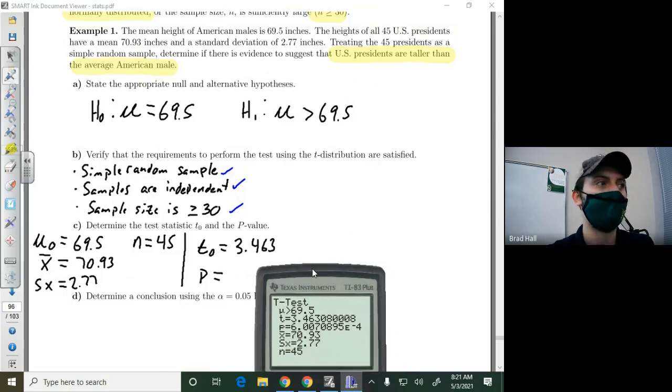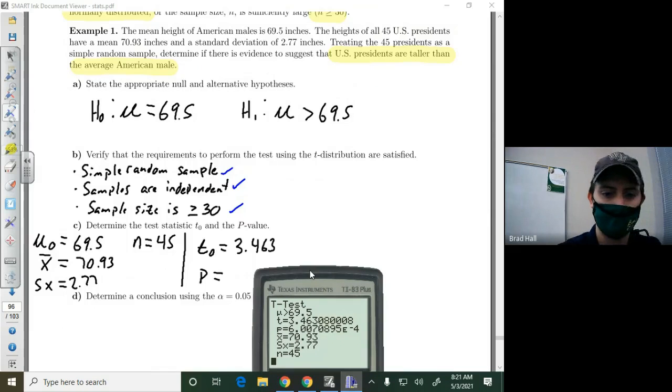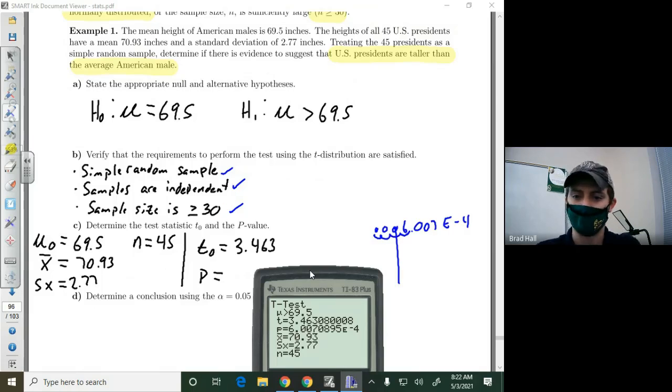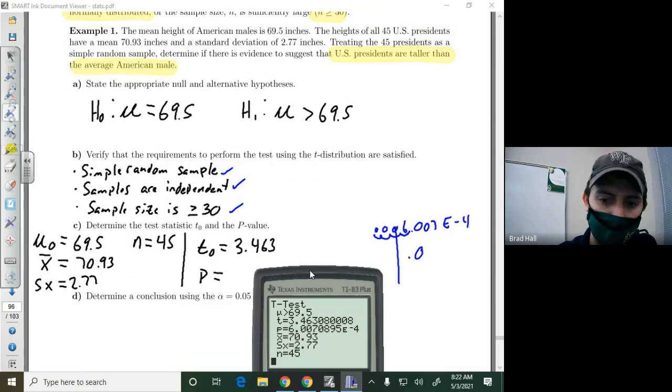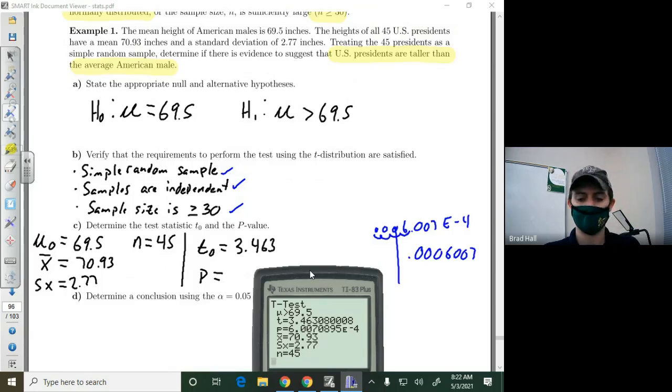And I know we've seen this before. I'll just write this off to the side for right now. 6.007 e negative 4. It means you would move the decimal place 1, 2, 3, 4, accruing 3 zeros in front. So really what this is saying is that we have a very small p-value, which depending on how you're doing this study is not good.